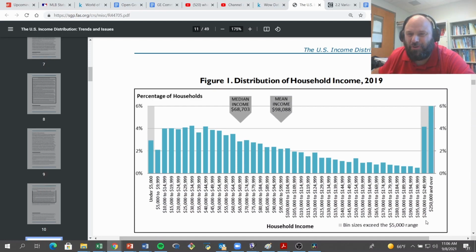Those are incomes from $200,000 to $250,000. And then the last one is $250,000 and over. But if we kept slicing by incomes of $5,000, we would see this decrease continue, and we would see what would look like an honest right skewed distribution.